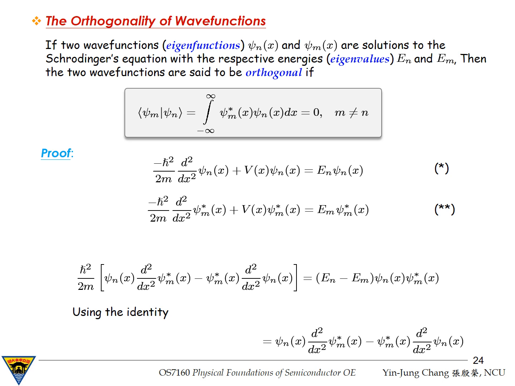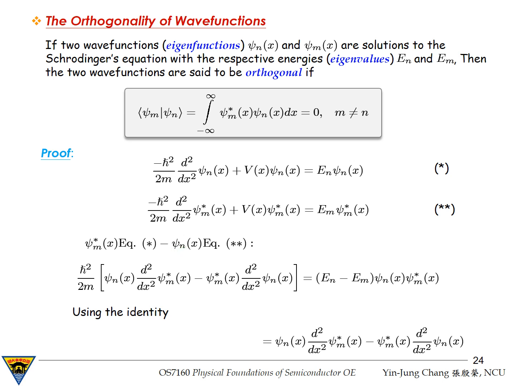Now let's understand the strategy of the proof. We start from the two time-independent Schrödinger equations, one for psi sub n, the other for the complex conjugate of psi sub m. Then we multiply equation star by the complex conjugate of psi sub m and equation double star by psi sub n.